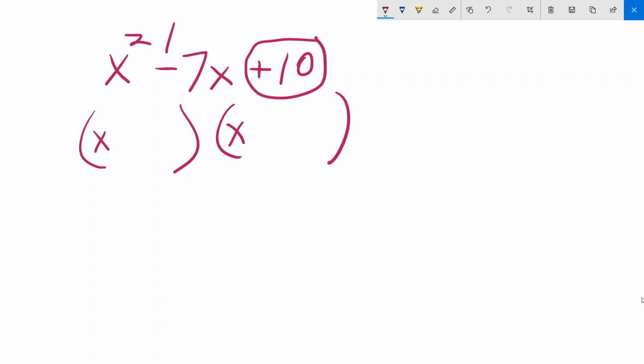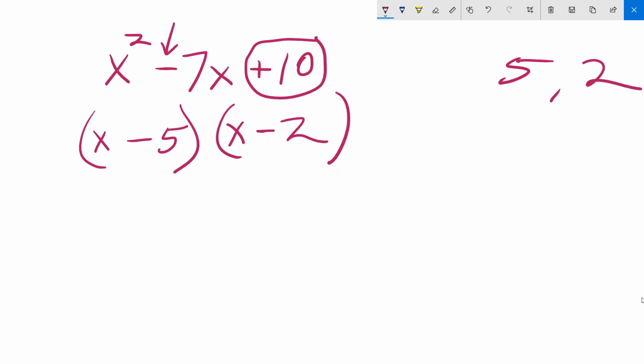Yeah, in other words, whatever the sign of the middle term is tells you what it is. Now, what do I need? Verbalize it for me. You need to find factors of 10 that add together to make 7. What are those? 5 and 2. And in this case, it doesn't matter where I put them. I can reverse them. It's the same answer.